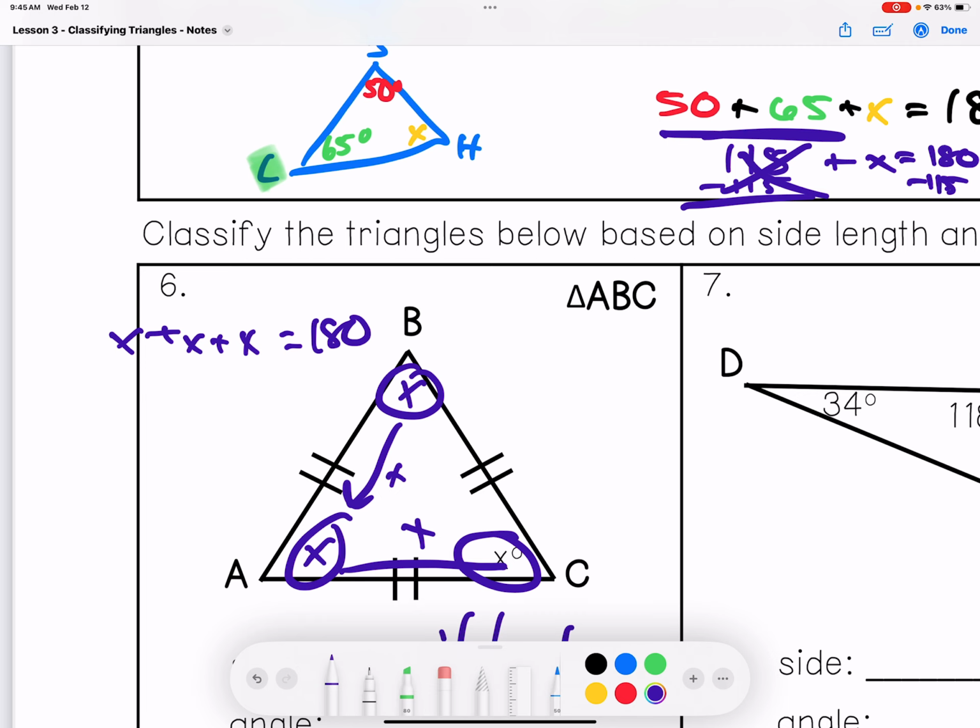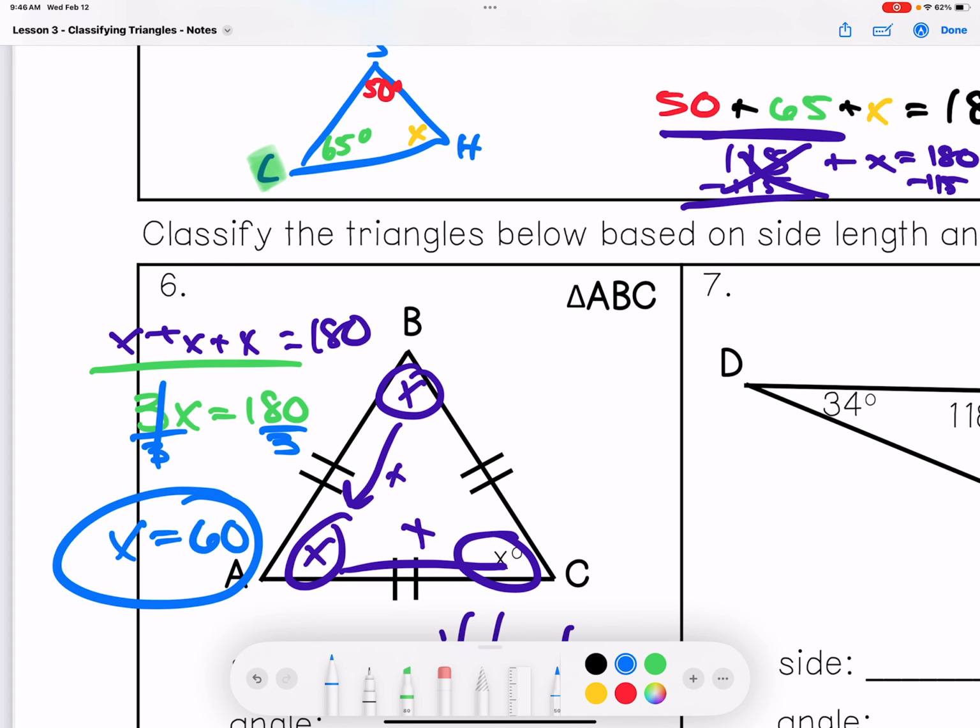So x plus x plus x equal 180. So what is x plus x plus x? If you go back to where we did equations, that's 3x. And then you just divide by 3. X equals 60.